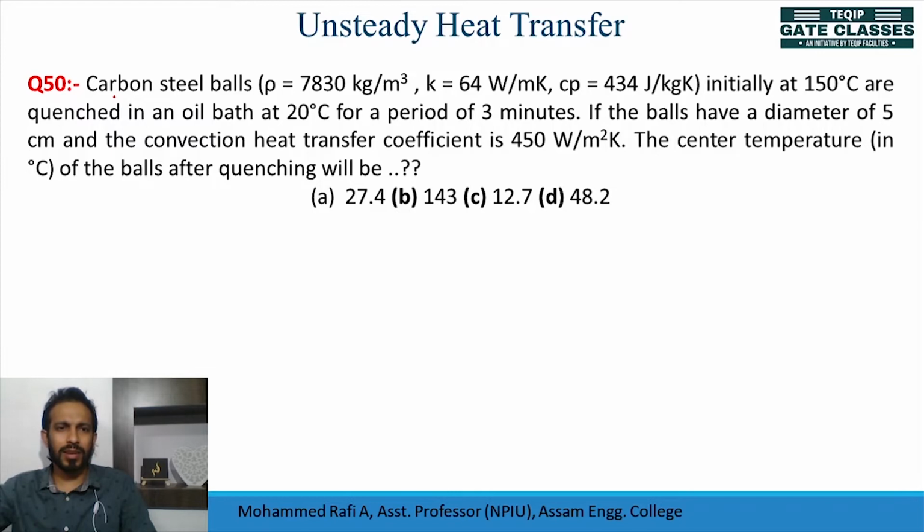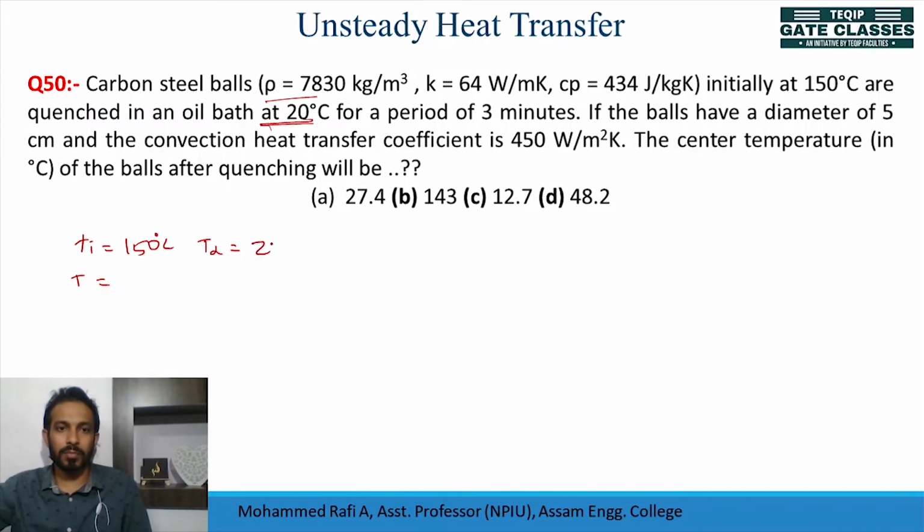This is a very straightforward question. All the parameters are given. I told you in unsteady heat transfer there will be three temperatures: Ti, T at some particular scenario, and the surrounding temperature. Initially the carbon ball is at 150 degrees Celsius, and it is dropped into an oil bath.